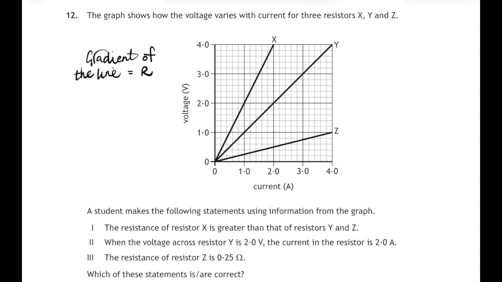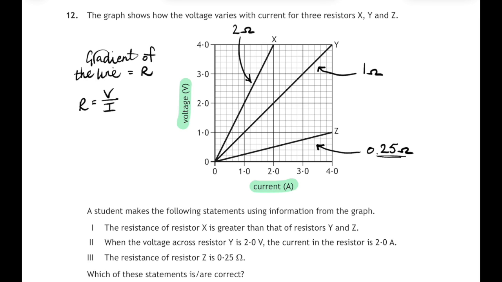And that's because the gradient is equal to the change in the y-axis over the change in the x-axis, which in this case is V over I, which is equal to R. So if we work out the gradient of each line, so for X, the gradient will be 4 over 2, which is 2 ohms. The gradient of the line Y will be 4 over 4, which is 1 ohm. And the gradient of the line Z will be 1 divided by 4, which is 0.25 ohms.